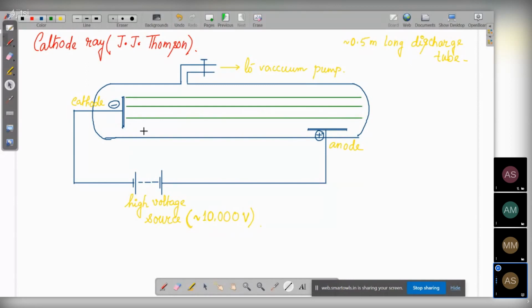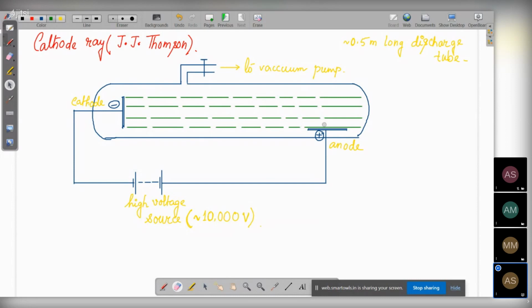They also further said that since this something is going towards the anode, it must be negatively charged. That's why it is getting out from the cathode and traveling towards the positive terminal. So it must be negatively charged particles. Thomson could not say what is being emitted.